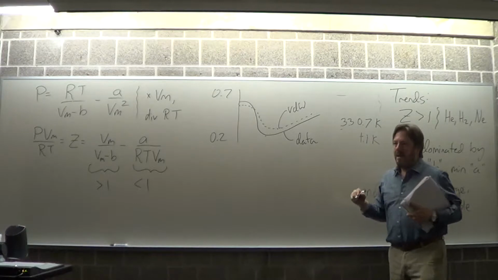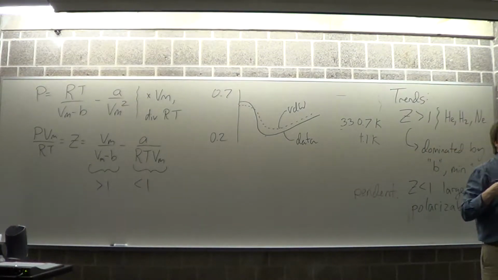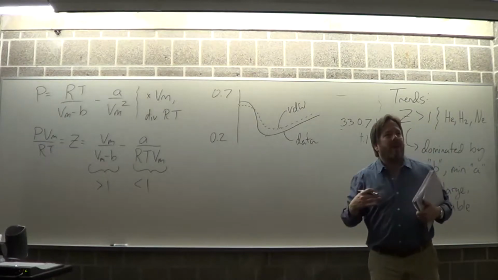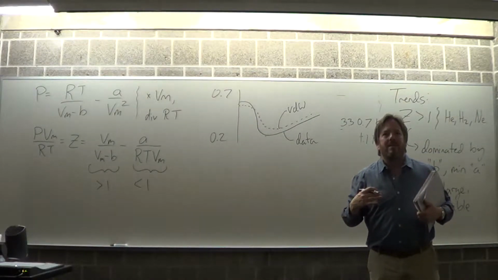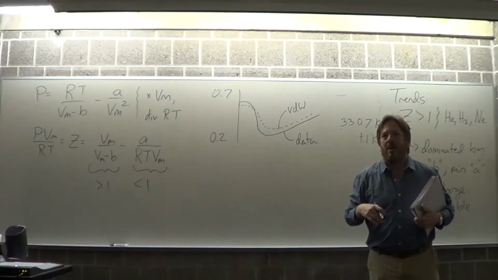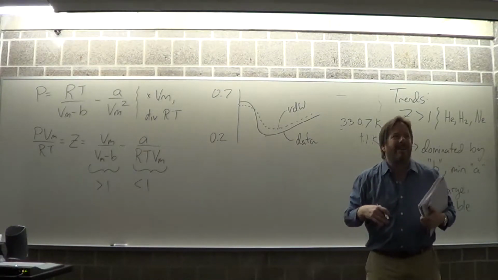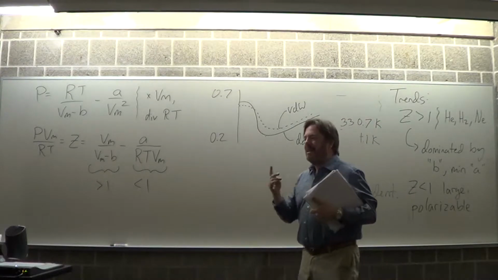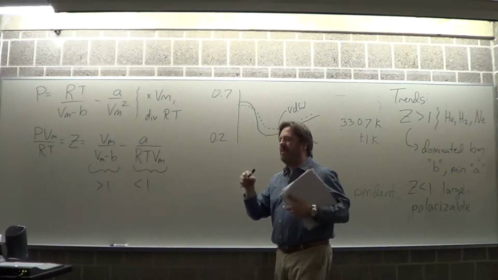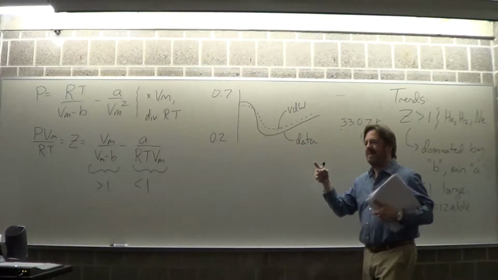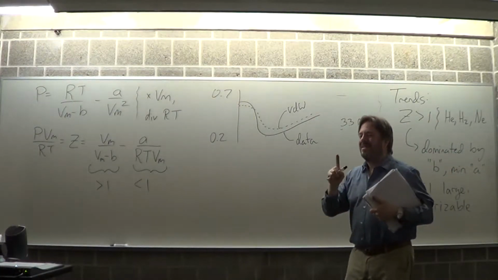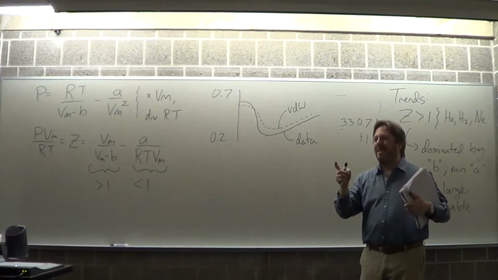Now, as I point out in the book, I show you compression factors of, what did I use in the book? You haven't read it, that's the problem. I only used two gases. Helium was at the bottom, and at the top, I think it was nitrogen, because I have good data on that one.